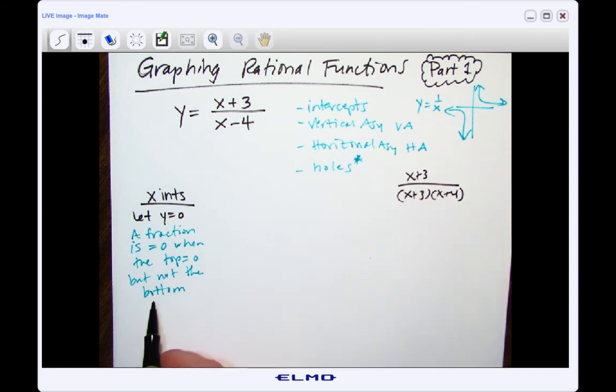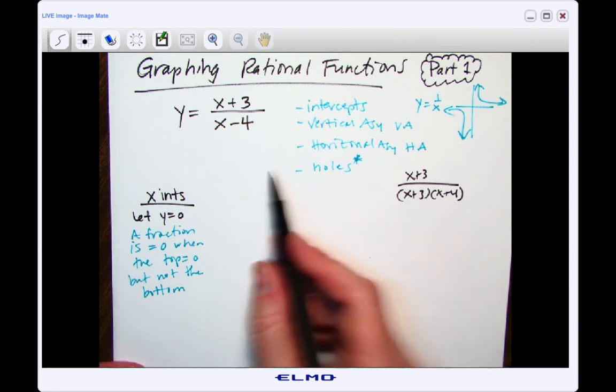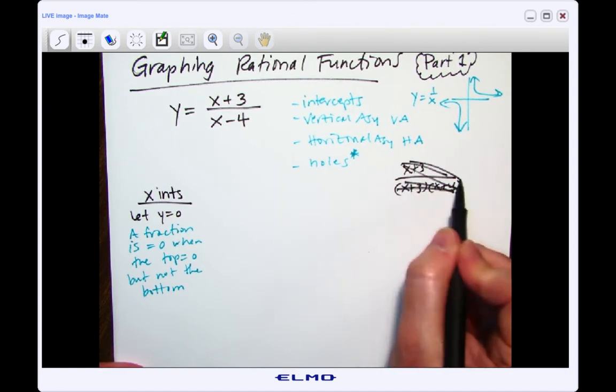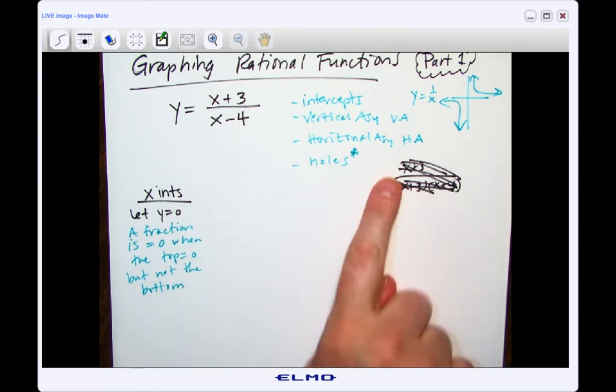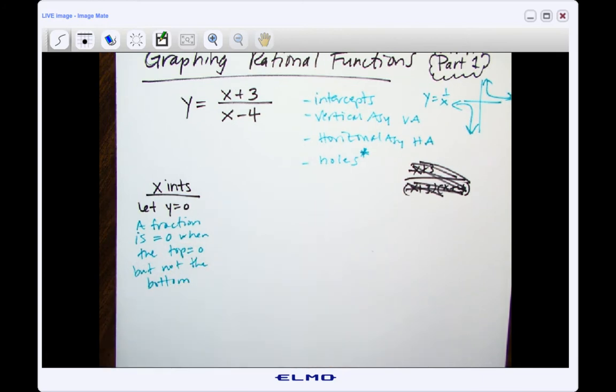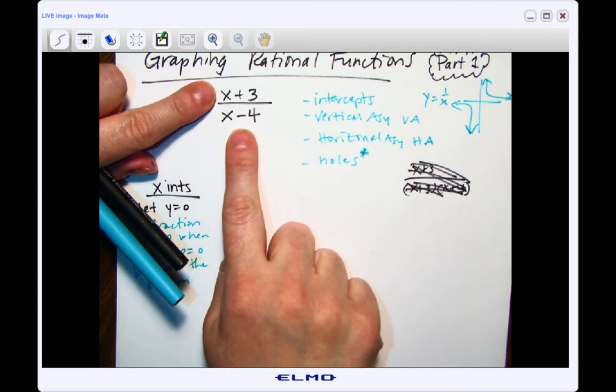So that's what I mean by the bottom cannot be 0 at the same time. Do you see how -3 would make both the top and the bottom 0? I'm just going to cross that out because I know people look back and wonder where that came from. That was just a little example of what I mean here. The top and the bottom can't be 0 at the same time, but the same number is not going to make both the top and the bottom 0 here.